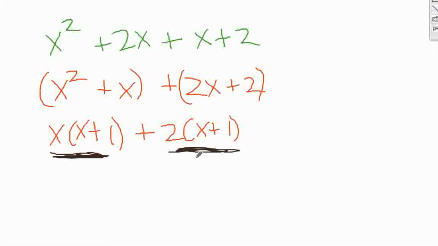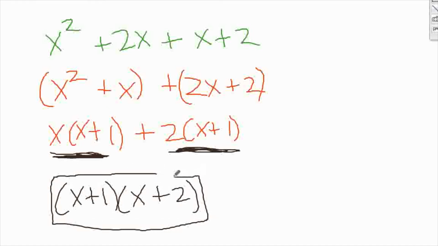And notice that they have an x plus 1 in common. So a factor can be anything. In this case, a factor can be a parenthesis blob, what's called a binomial, when you have two pieces added or subtracted together. So let's go ahead and take the common binomial factor out. So x plus 1 times the leftovers, the x for the first one and the 2 for the second term. And then there's the fully factored form.